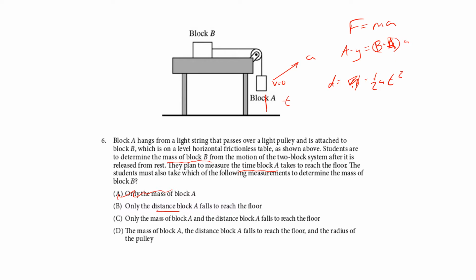So we know what the acceleration is because of this step here. But we also have to figure out one of the other two masses. So if you want to figure out the mass of block B, you're going to need to know the mass of block A as well. So it's not just that one, only the mass of block A and the distance it falls. So that one looks good.